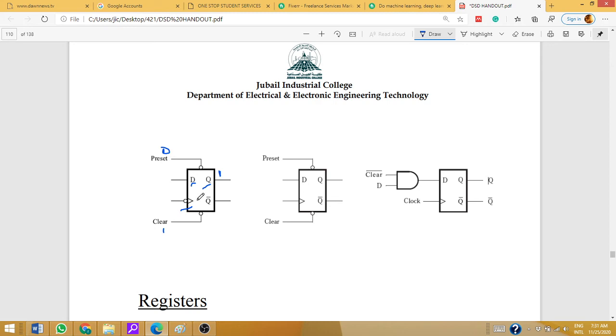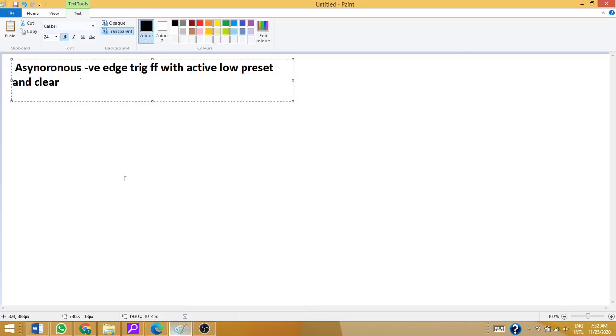So in this flip flop, for preset or clear, we are not checking what is on the clock, whether it is negative edge or not. So this preset and clear is asynchronous, that is, it is not depending upon clock.